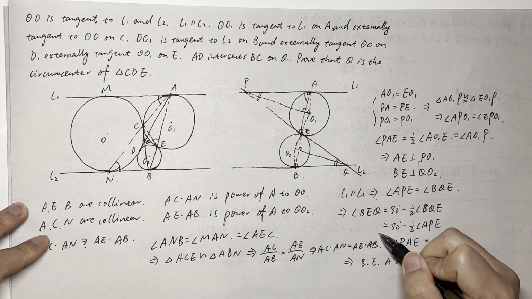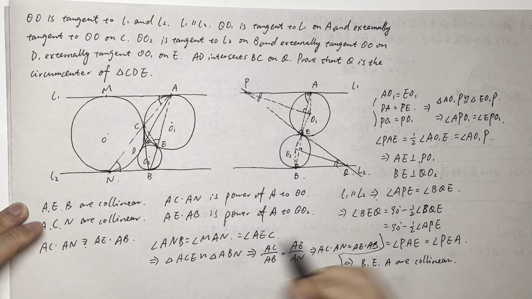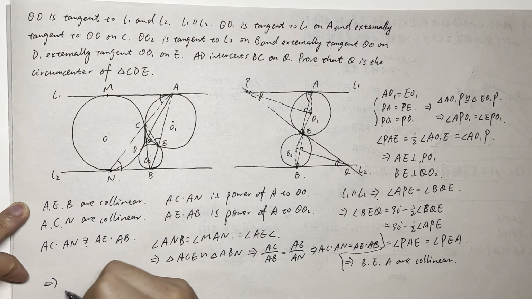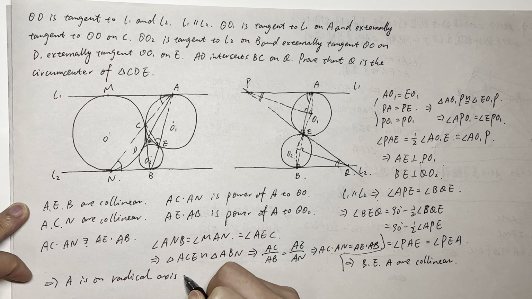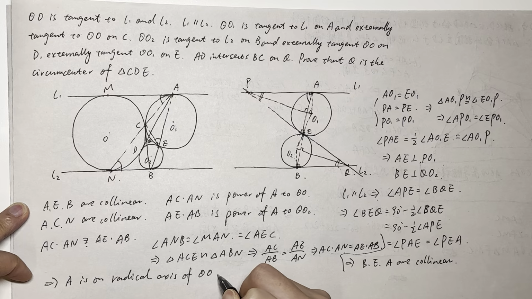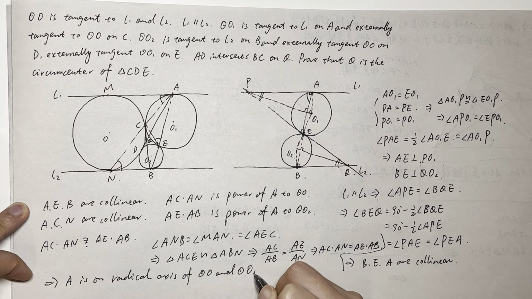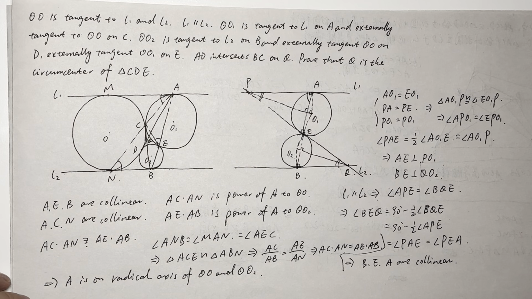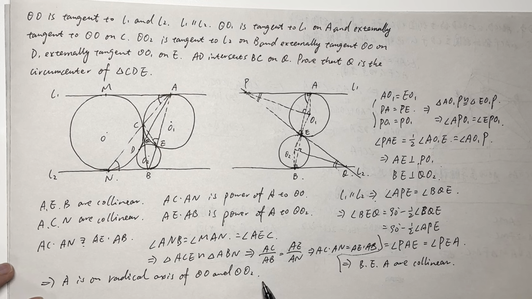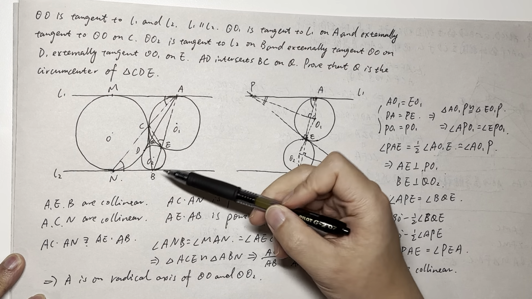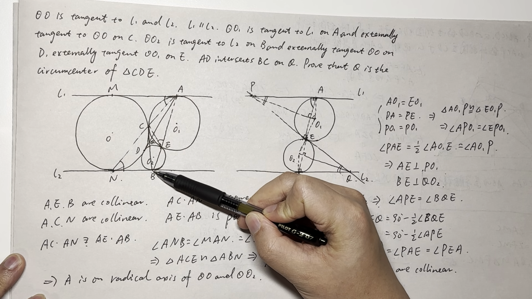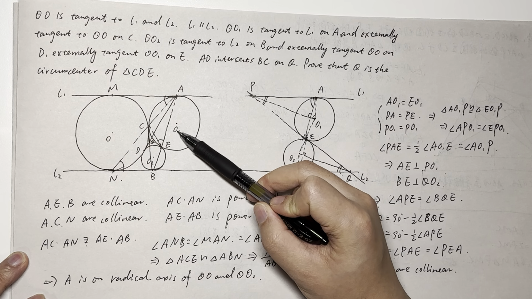And this means that A is on the radical axis of circle O and circle O2. This is important, because based on this, we can do the similar thing and prove that B is also on the radical axis of circle O and circle O1.